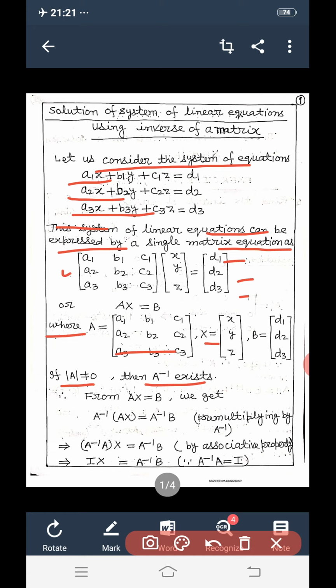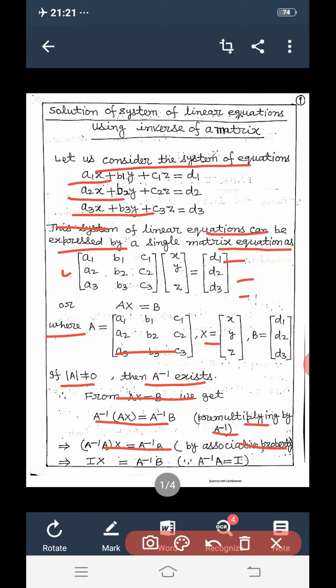So from AX equal to B, we get A inverse into AX equal to A inverse B by pre-multiplying by A inverse. This implies A inverse A X equal to A inverse B, as the associative property holds in matrix multiplication.